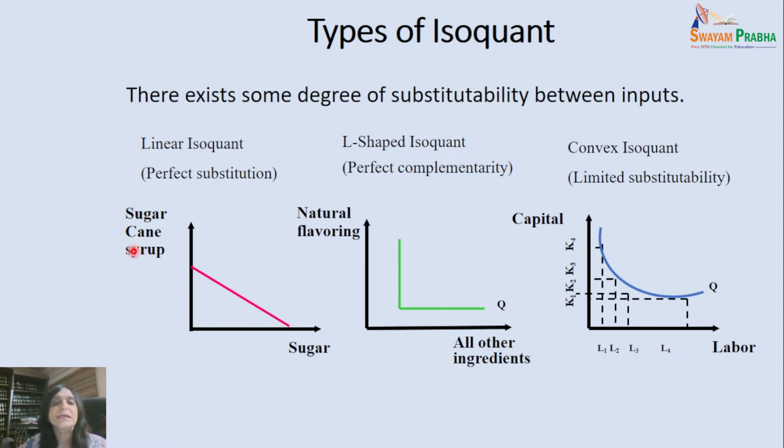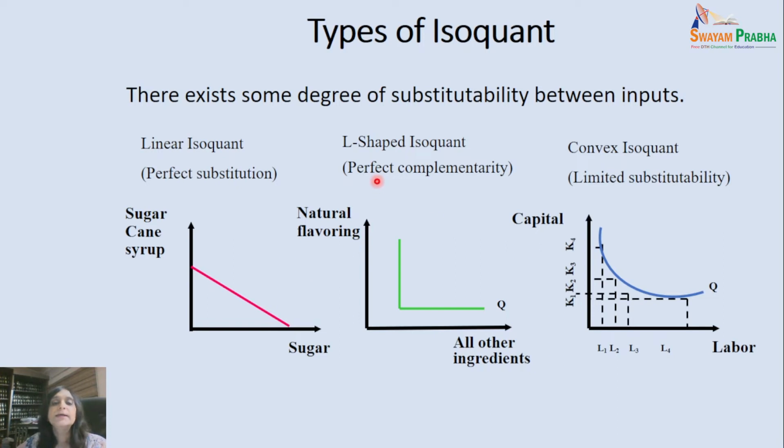For example, sugarcane syrup or sugar, both these inputs are completely substitutable. That is, you can completely use sugarcane instead of sugar. There will be no change in the taste of the product that you are manufacturing.